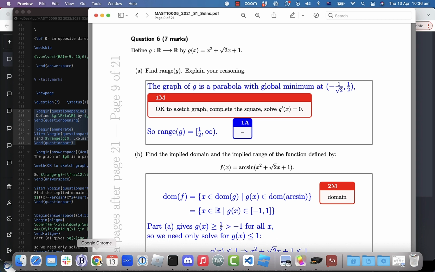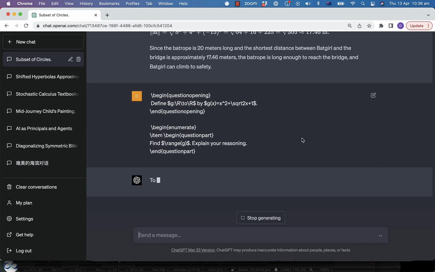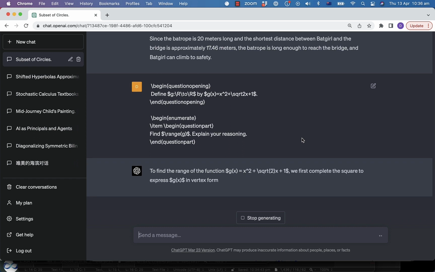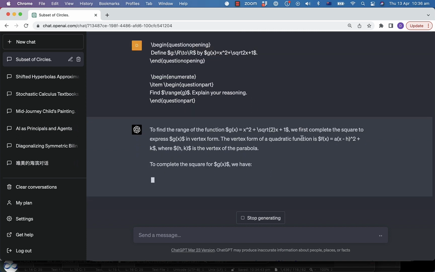Six A. Find the range. In vertex form. I've never seen that. Never heard that before. Wow. Learn something today. Oh, I see. Okay. Yeah, fair enough.